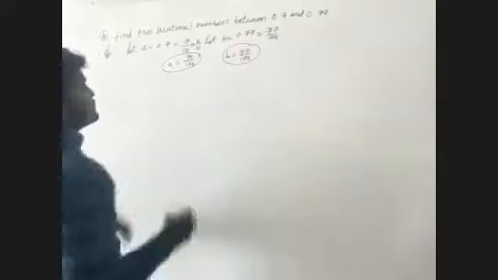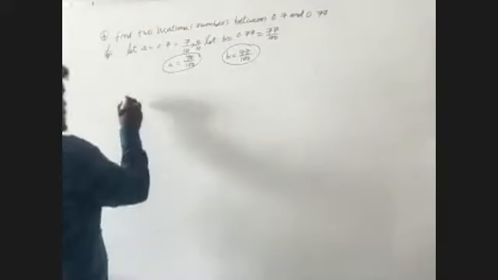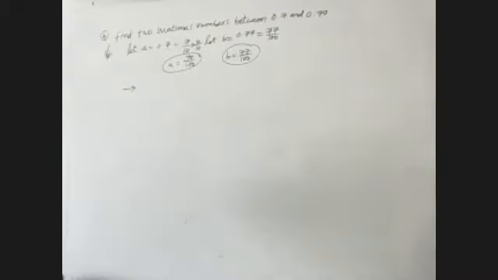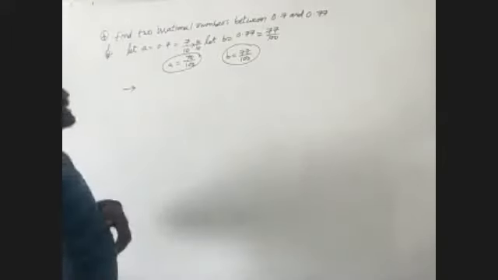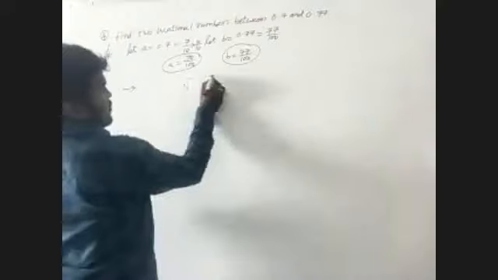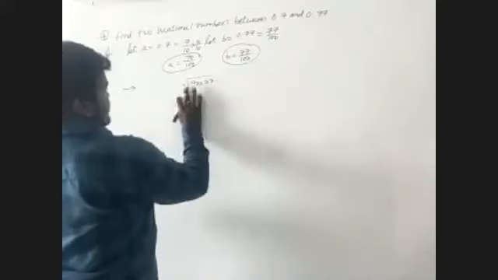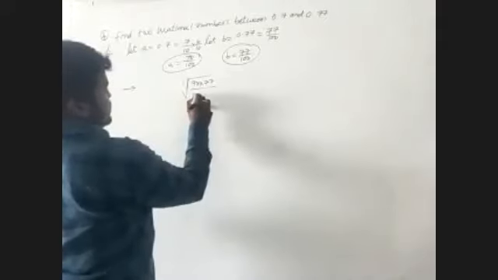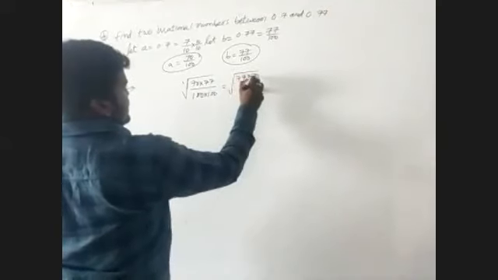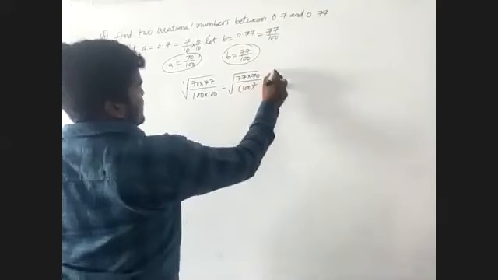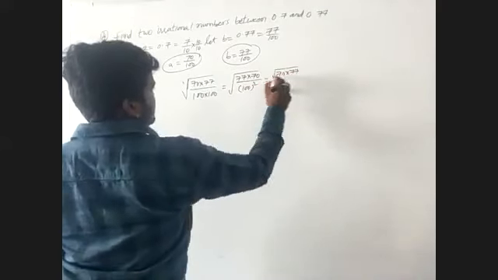We have to find two irrational numbers between 0.7 and 0.77. Between A and B we take root of AB, that is root of 70 into 77 by 100 into 100, that means root of 70 into 77 by 100 whole square.